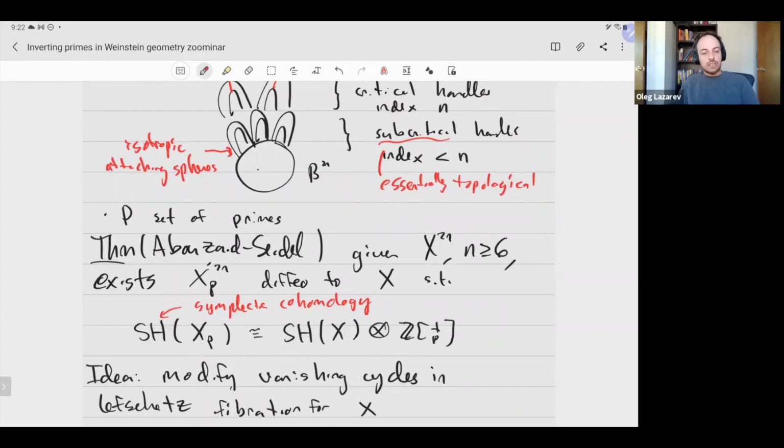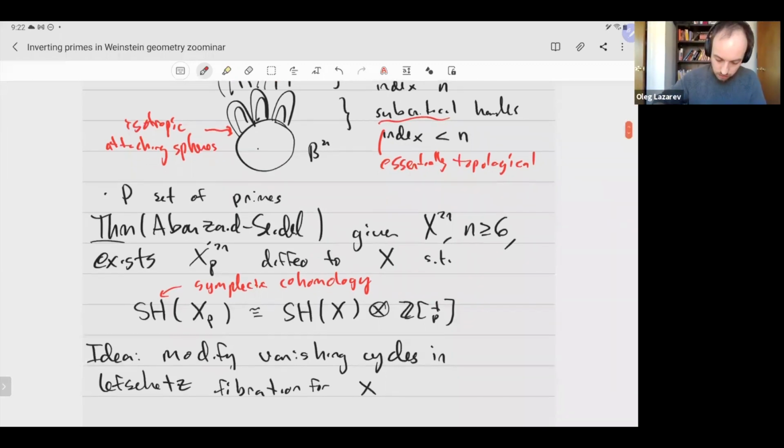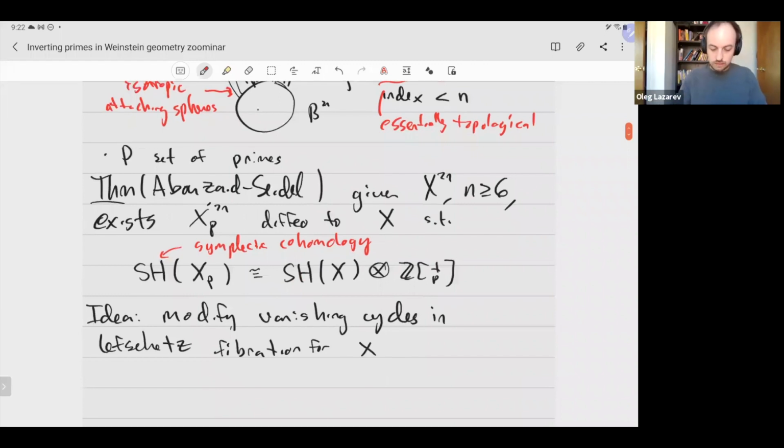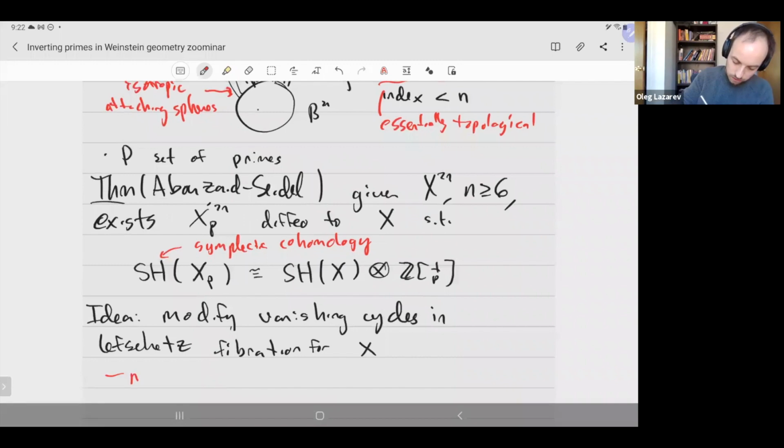The idea of their construction is to start with some Lefschetz fibration for X. This Lefschetz fibration comes with a collection of vanishing cycles, and then they modify the vanishing cycles in some way. Although this construction satisfies the first desired property of localization, it doesn't satisfy the other two, at least not in a way that's clear.